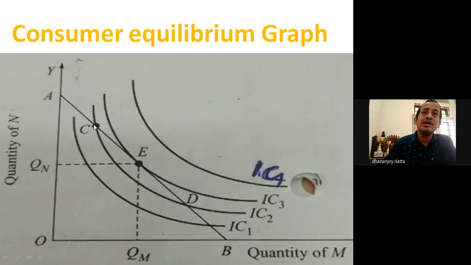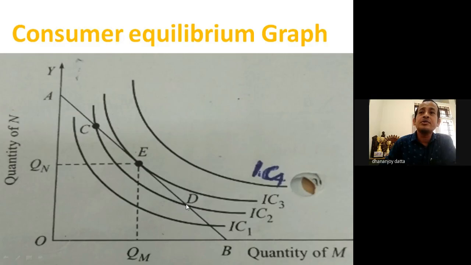But if we talk about the second indifference curve, okay, indifference curve 1 and indifference curve 2, these are not desirable by the consumer. Like here you can see with indifference curve 2, the consumer can purchase this much of N product and this much of M product.